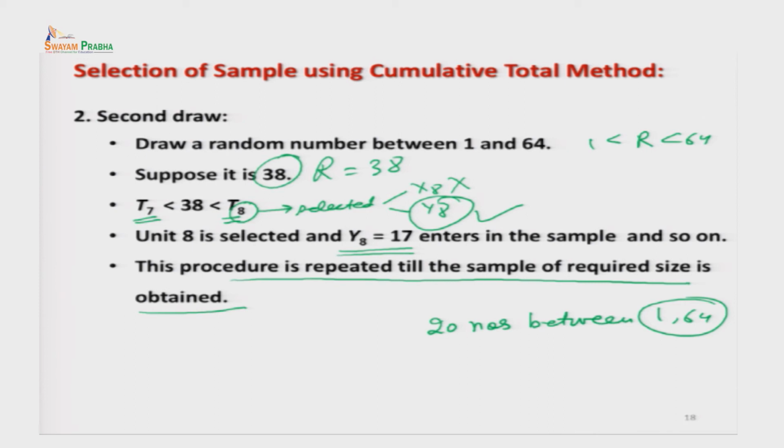Here I would like to have your attention: many times people get confused with this cumulative total and Lahiri's method, about what we are trying to collect.